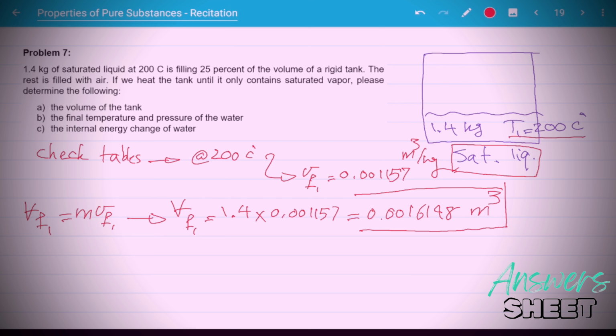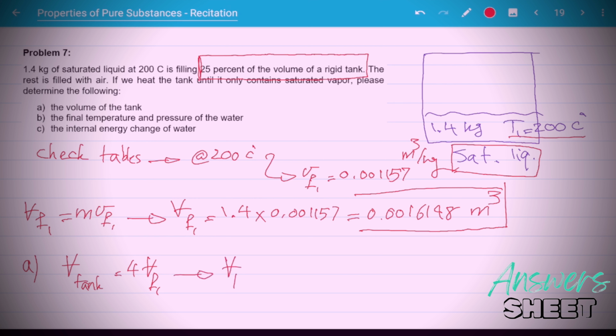Now, the volume of the tank, so let's go for part A. The volume of the tank is 4 times the volume of the saturated liquid, right? This is what the problem says. The problem says that the liquid is only taking a quarter of the volume.